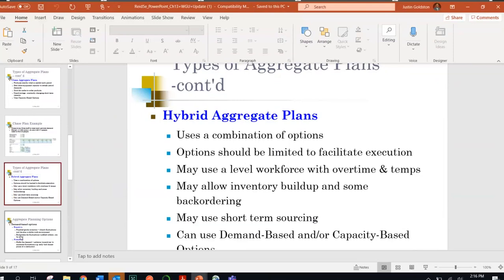So again, the three different aggregate strategies, the planning strategies, are the level strategy, the chase strategy, and the hybrid strategy. And again, the hybrid strategy is the most adopted and most used within the industry. So that is the area where people struggle within Chapter 13.